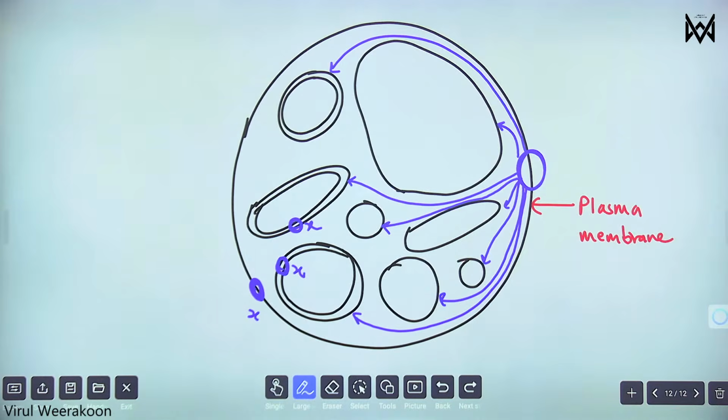Write down: all the single membrane bounded organelles and double membrane bounded organelles share a common structure.